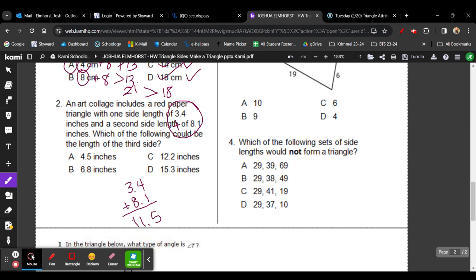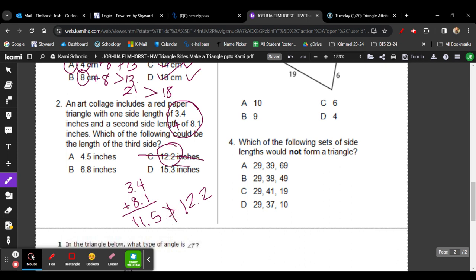So if this is the total length of the two shorter sides, and 12.2 is the long side, is 11.5 longer than 12.2? No, this would not work.